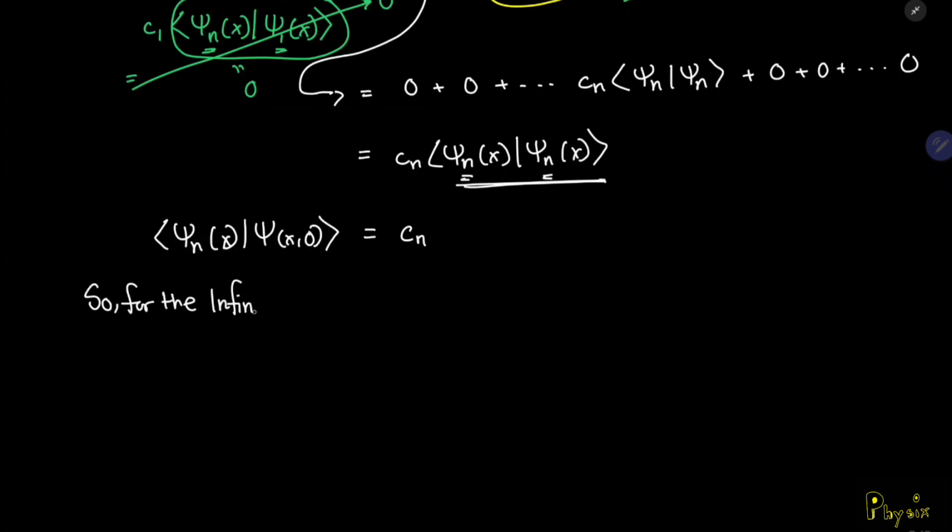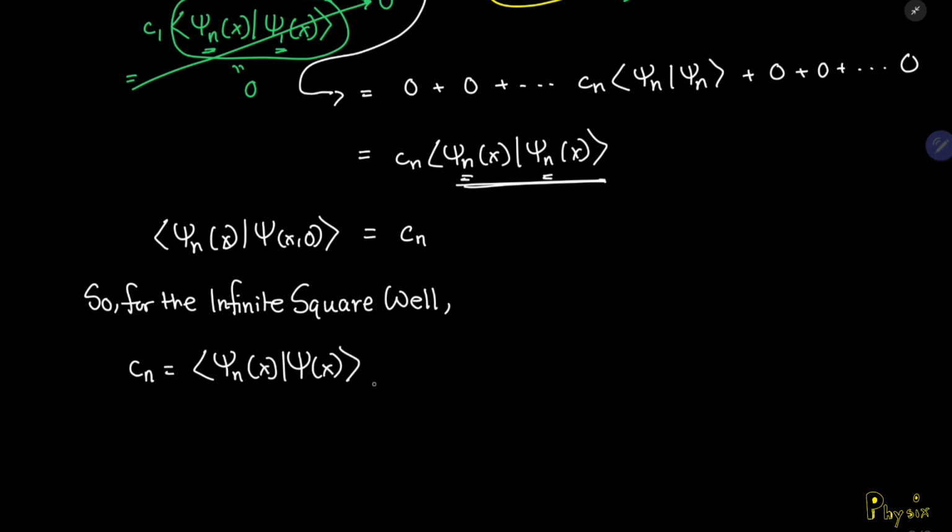So for the infinite square well specifically, we can find c sub n in the very same format. When you do the integral, the bounds are from 0 to a, and inside you have the square root of 2 over a times sine of n pi x over a, times psi of x dx.